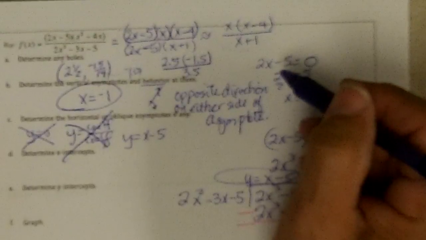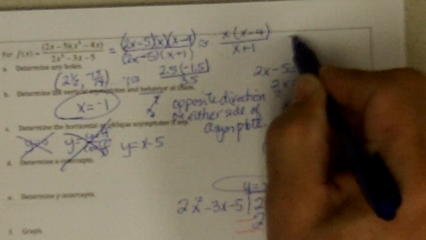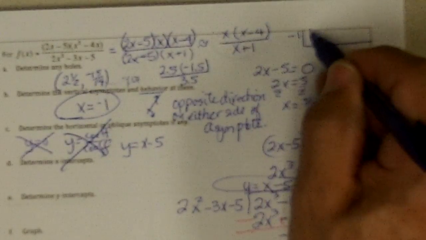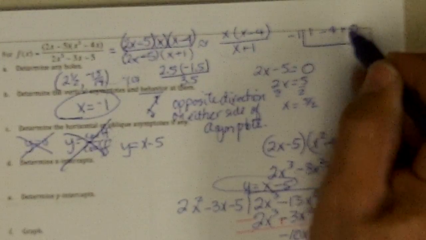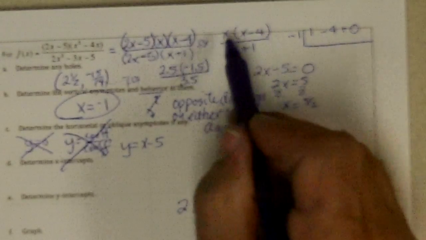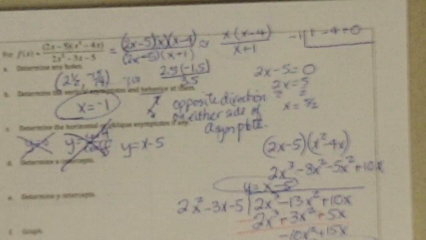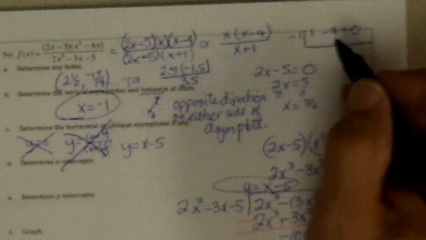And we can do the division synthetically. For the x plus 1, I'd use minus 1 going into 1x squared minus 4x plus 0. That's the original portion left here, x squared minus 4x, and no constant.